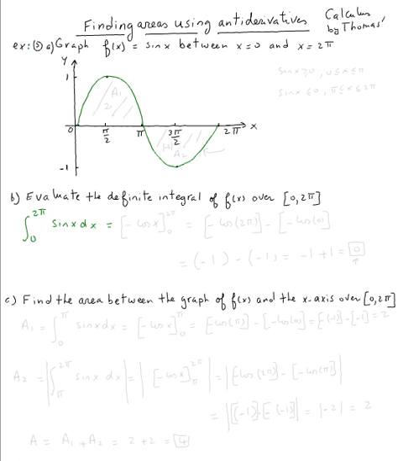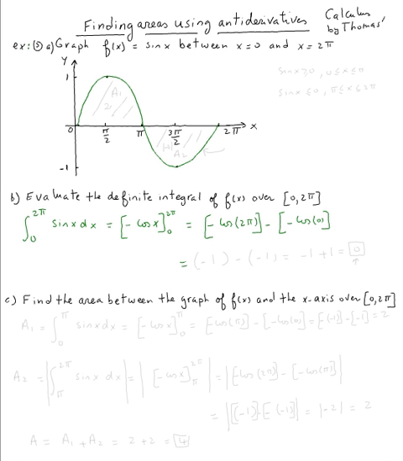Now we know the integral of sine is minus cosine, so minus cosine of x between 0 and 2 pi. All we need to do is plug in the 2 pi first, so this is going to be minus cosine of 2 pi, minus, and then plug in the 0, minus cosine of 0.